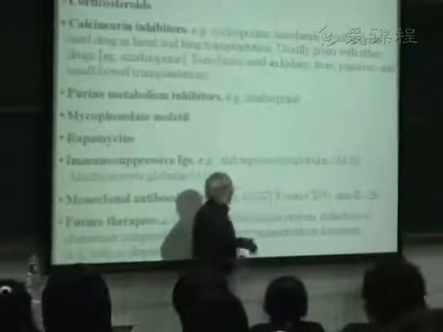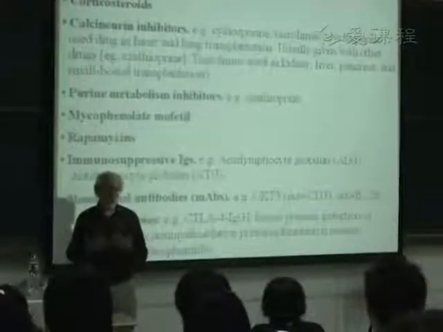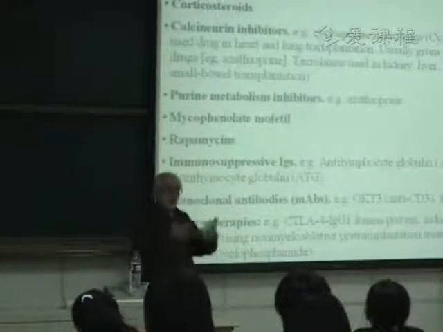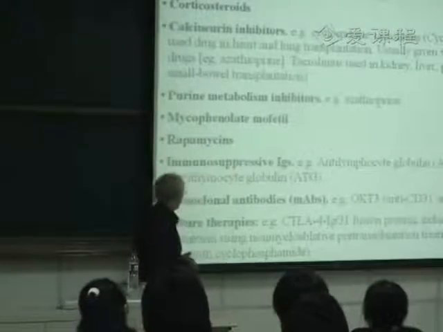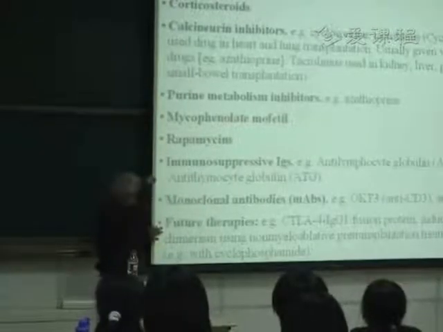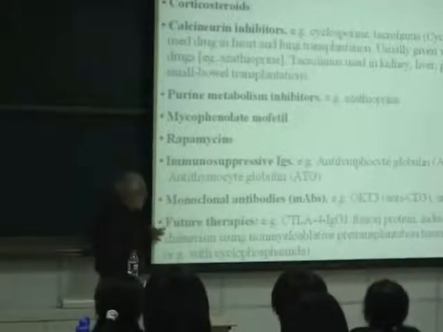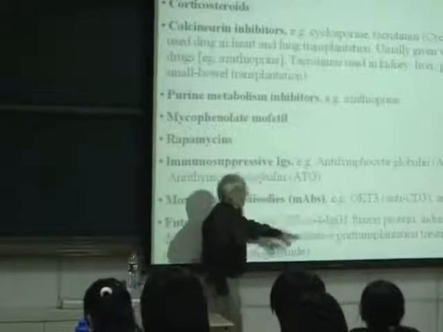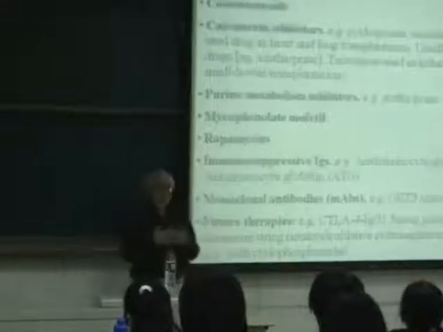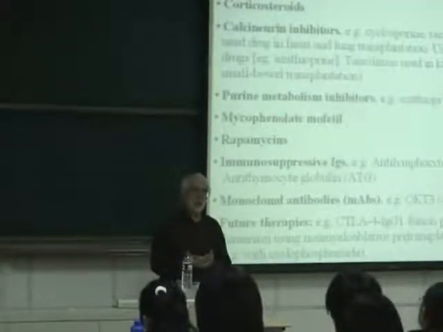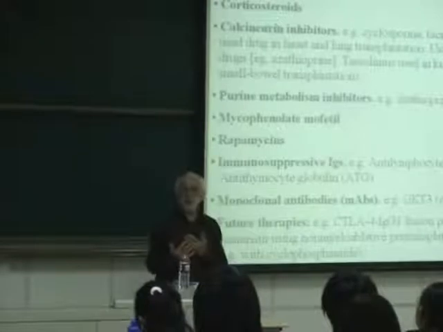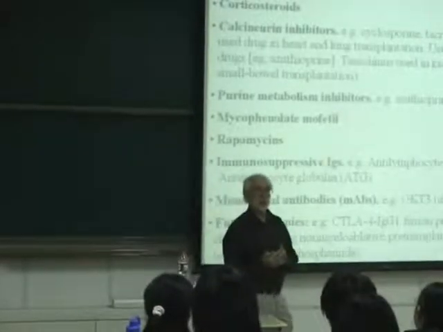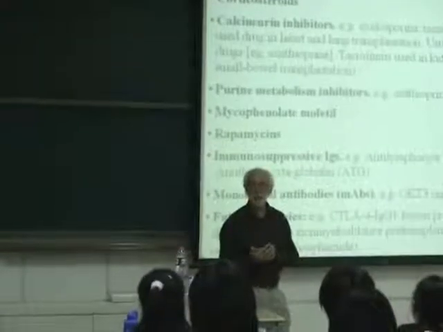You can stop the activation of T cells via antibodies to the interleukin-2 receptor, because interleukin-2 is required for T cell growth and activation. And then people are beginning to develop some new, more specific therapies. There's a molecule called CTLA-4 IgG1, which binds to co-stimulatory molecules on dendritic cells. Some of you will have heard of two molecules called CD80 and CD86, also sometimes called B7.1 and B7.2.